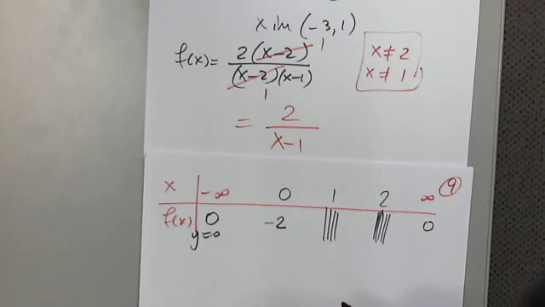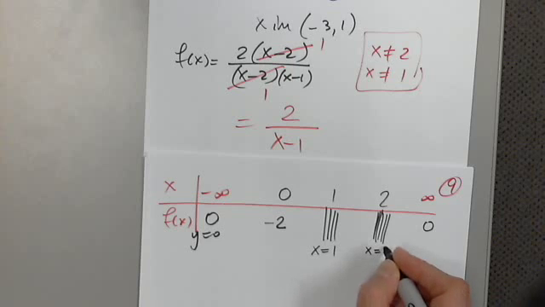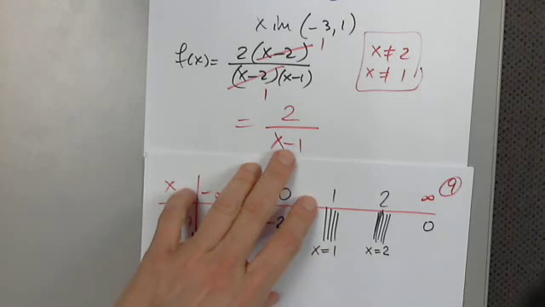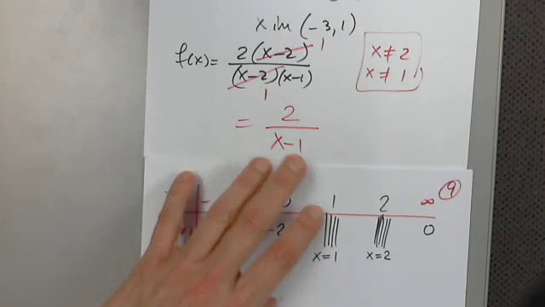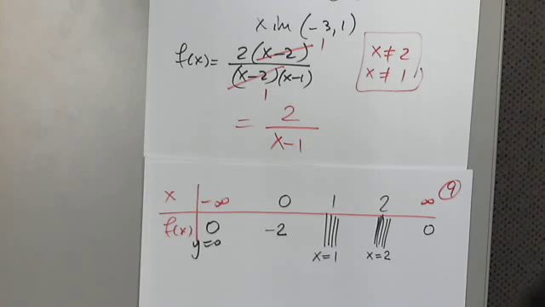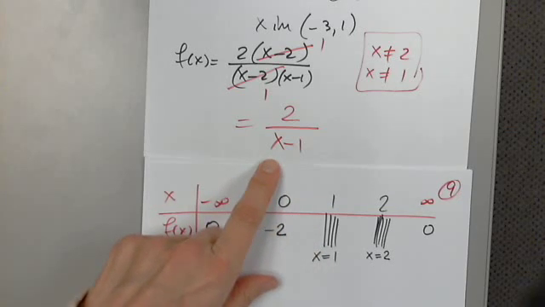Perfect. So now we have to establish what x equals 1 represents and what x equals 2 represents. So what do you think is the difference between x equals 1 and x equals 2? Obviously, they cannot be the same. Here's why. x minus 2 went away. x minus 1 did not.